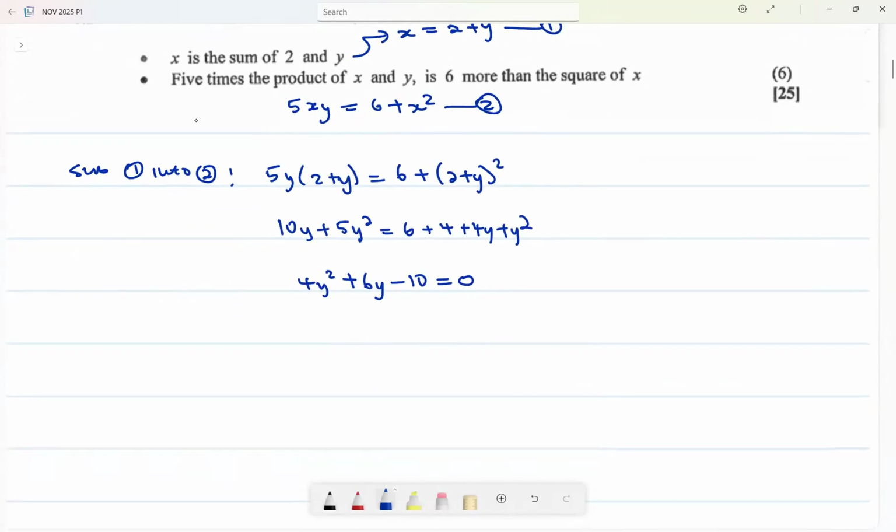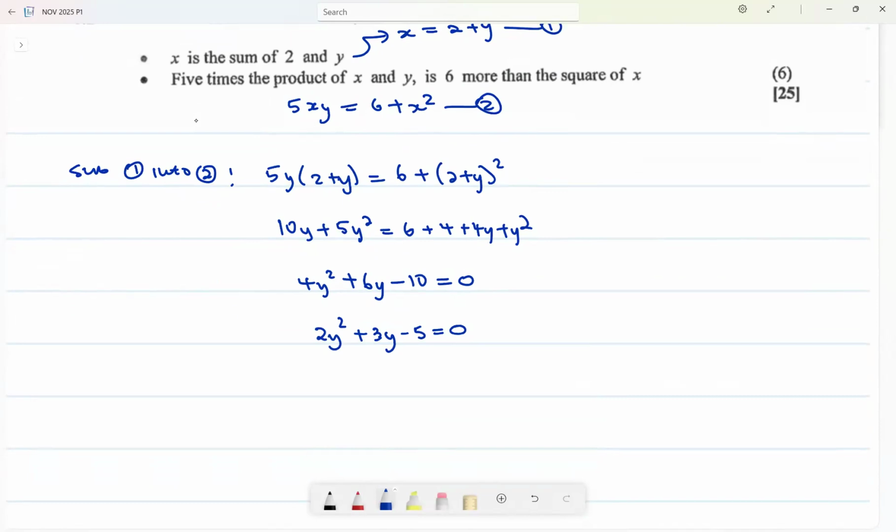is equal to 0. And then let me see, 2y squared, I just divided by 2, plus 3y minus 5, it is equal to 0. And then factors of 10 such that when I subtract them, they give me 3.